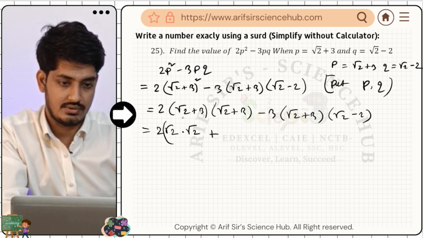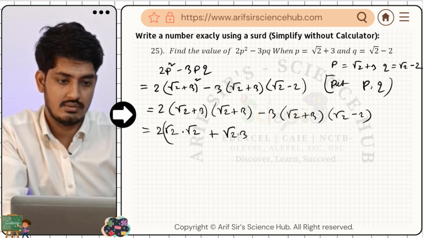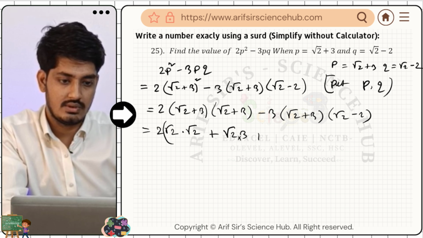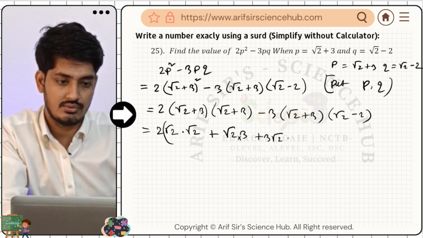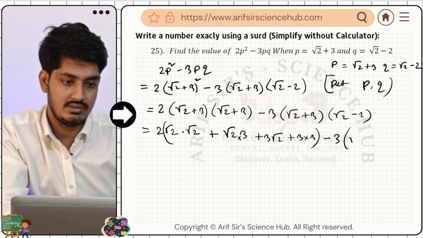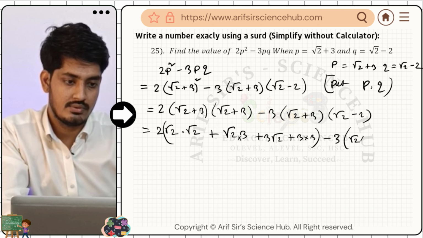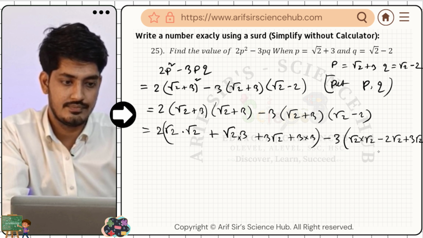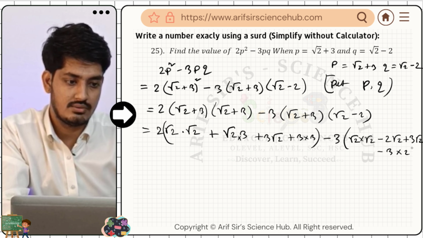So this square root 2 and this square root 2, we multiplied it. Then square root 2 into 3, then plus 3 square root 2, plus 3 into 3, minus, we can multiply this: square root 2 into square root 2, then minus 2 square root 2, then plus 3 square root 2, minus 3 into 2.